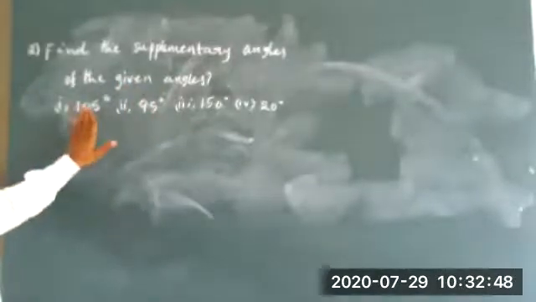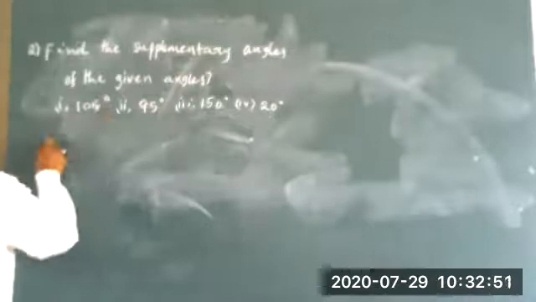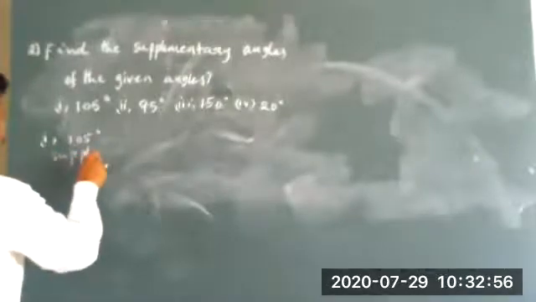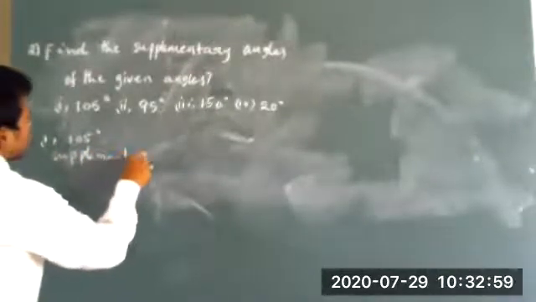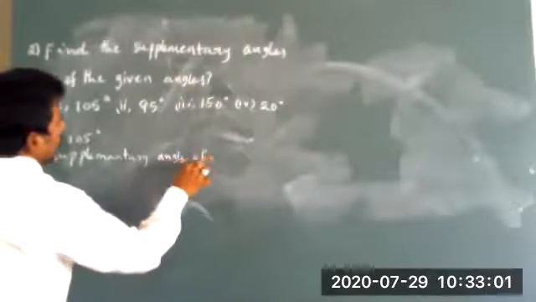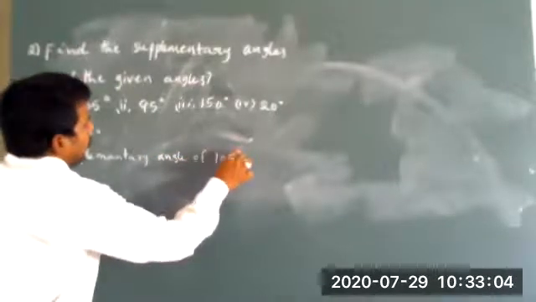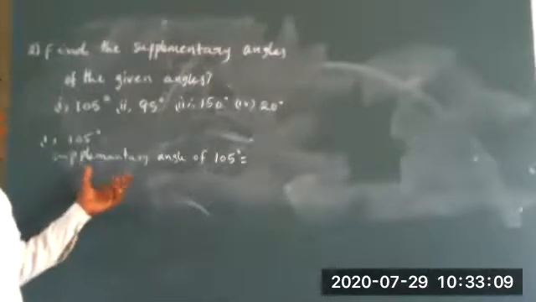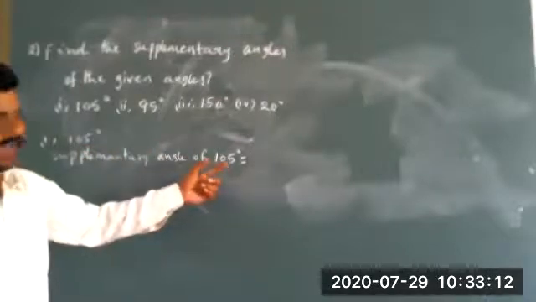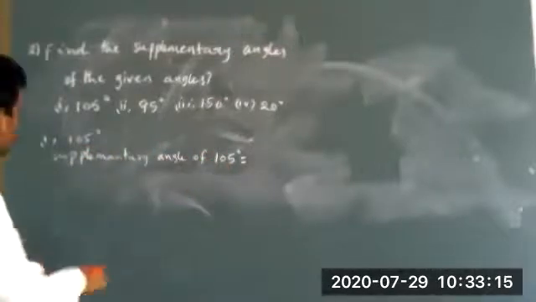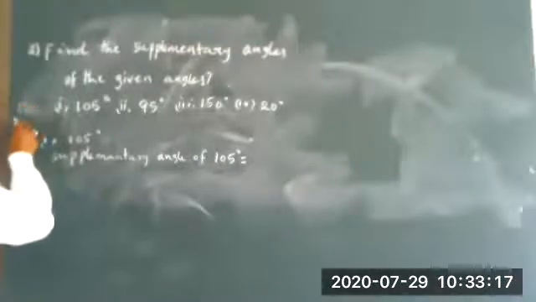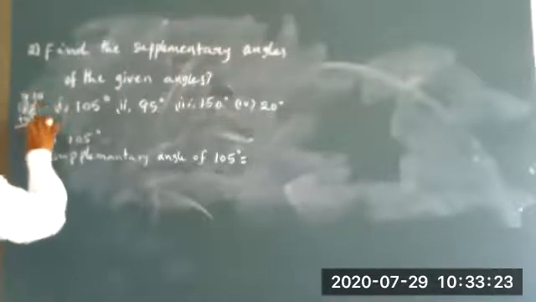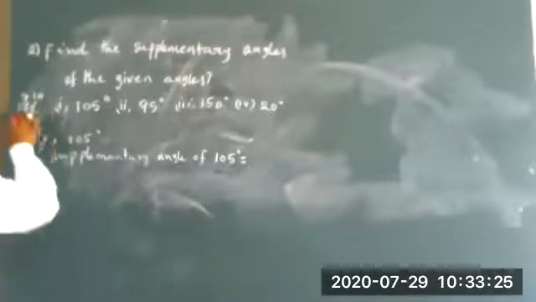The first one, 105 degrees. Supplementary angle of 105 degrees equals what? Supplementary means 180 degrees, so 180 minus 105. Here 10 minus 5 is 5, 7 minus 0 is 7, 1 minus 1 is 0.